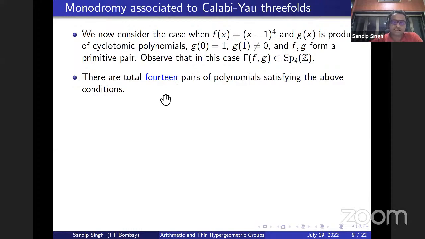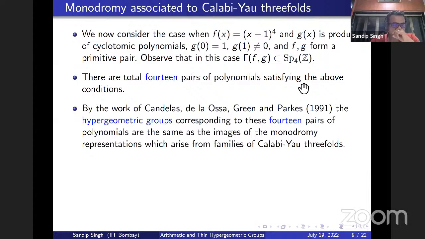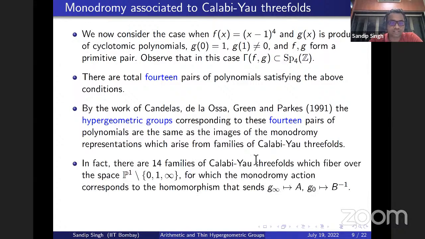So basically, we get that there are a total of 14 pairs of polynomials satisfying the above conditions. By the work of Candelas et al., the hypergeometric groups corresponding to these 14 pairs are the same as the images of the monodromy representations which arise from families of Calabi-Yau threefolds, those 14 families.